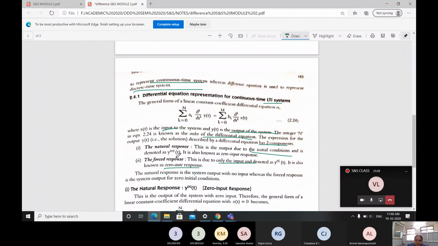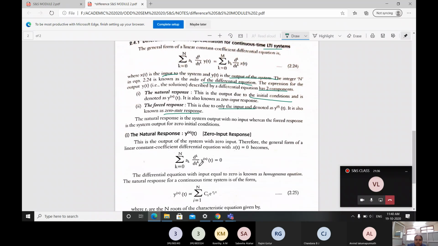Don't confuse here. Zero input response means natural response. Zero state response means the forced response. The natural response is the system output with no input. A natural response means we are not going to provide any input; the signal is processed only from the initial conditions.